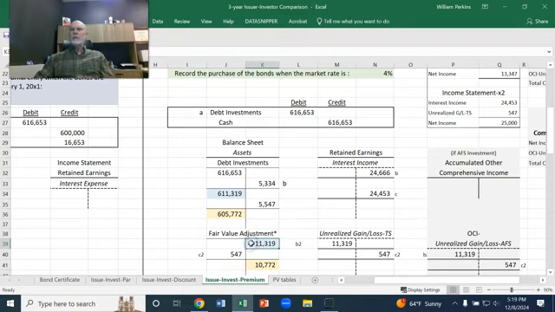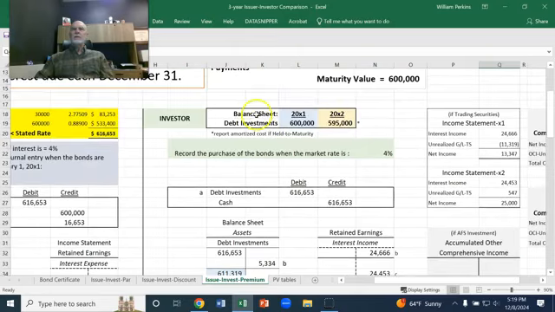When we compare that to what was in there before, we need to bring the fair value adjustment balance down, and so that would be a debit of $547 and a credit to an unrealized gain in this case. And that unrealized gain would be reported on the income statement if it's trading securities, but as other comprehensive income if it's available for sale.